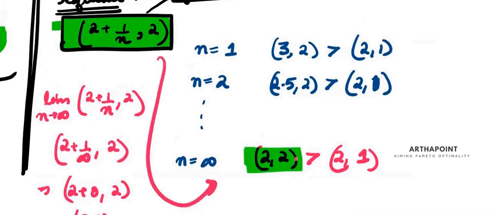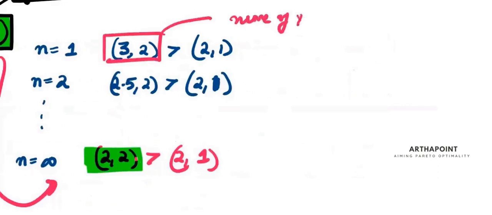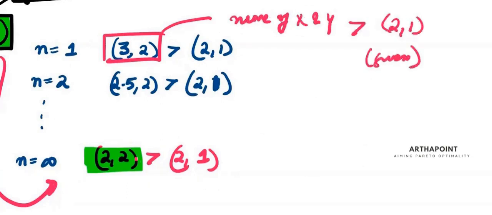Now, if you notice, can we simply say that this is a monotonic preference? This bundle clearly had more of X and Y, so it was preferred over 2 comma 1, and this was given to us.